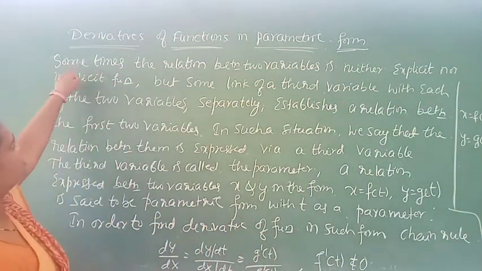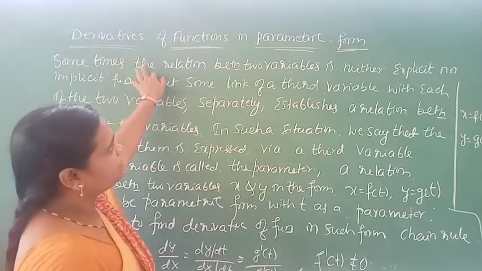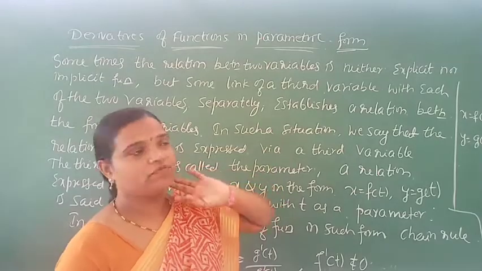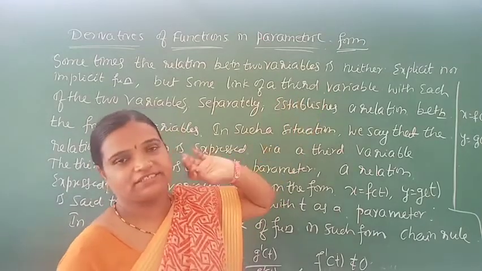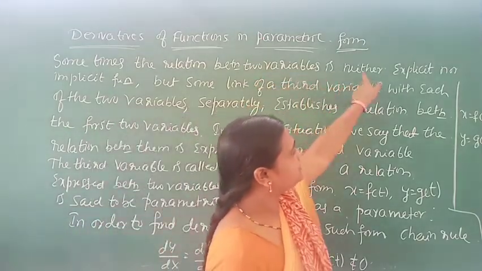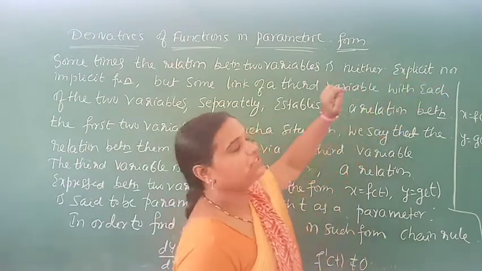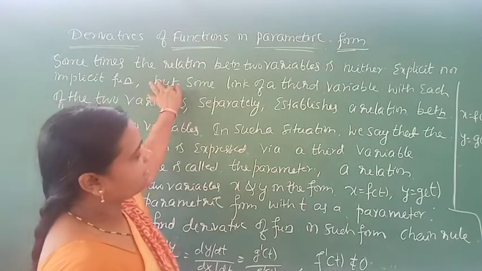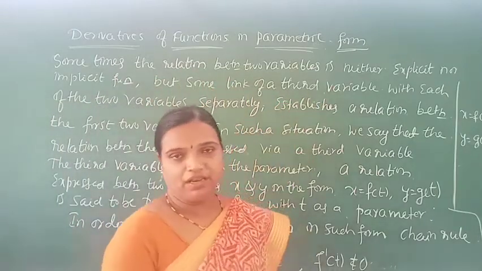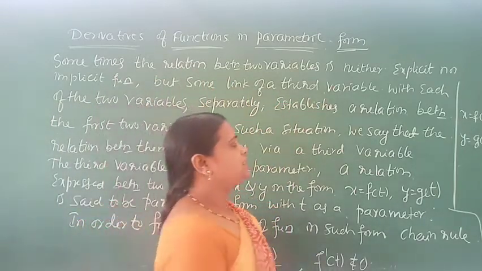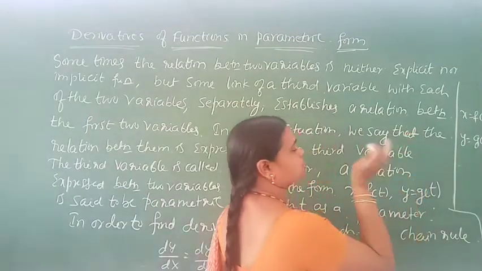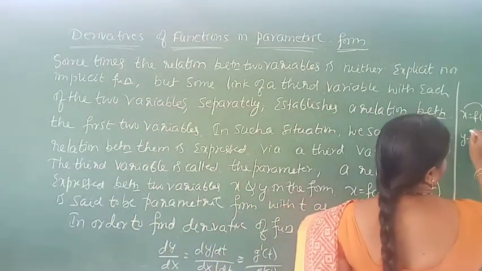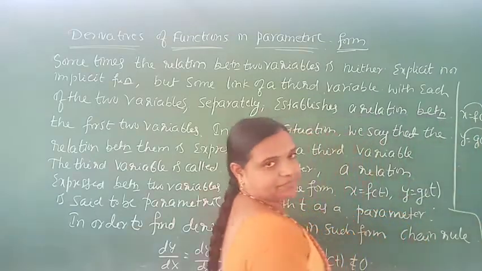I will give the explanation. The relation between two variables, y and x, is neither an explicit nor an implicit function, but it is linked with a third variable, just what I explained here, t.